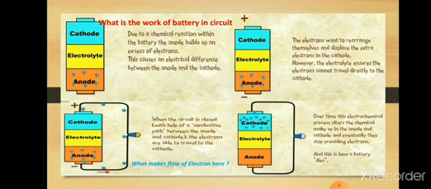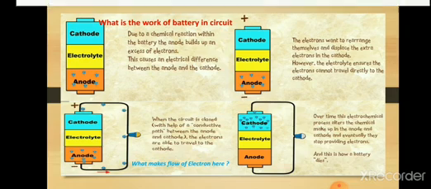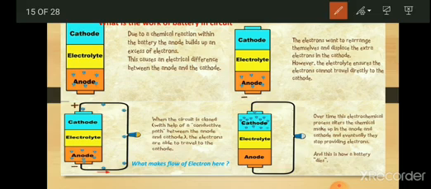Now we see what is the work or influence of the battery in a circuit. The battery consists of two ends, student. One end is called anode, that is negatively charged, and another end is called cathode, that is positively charged.